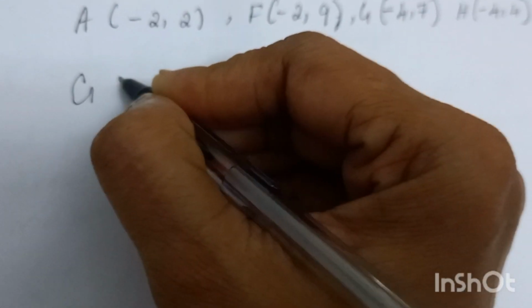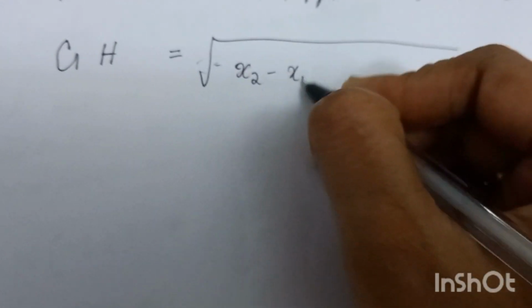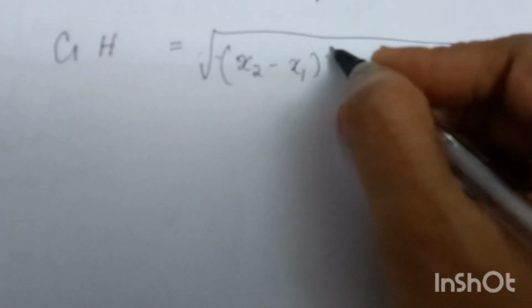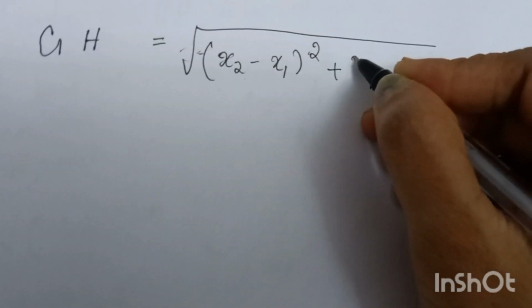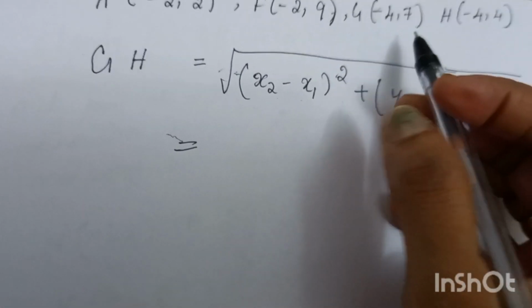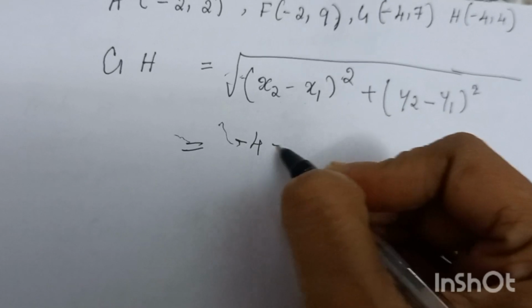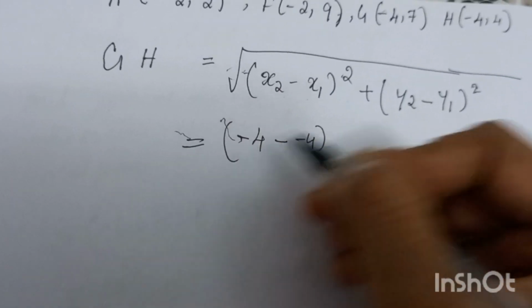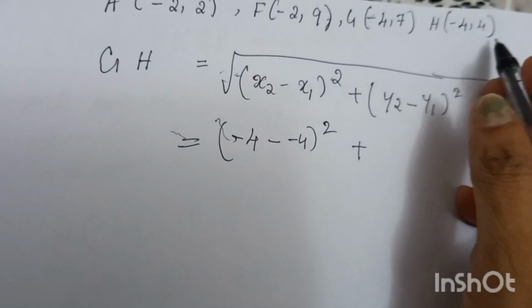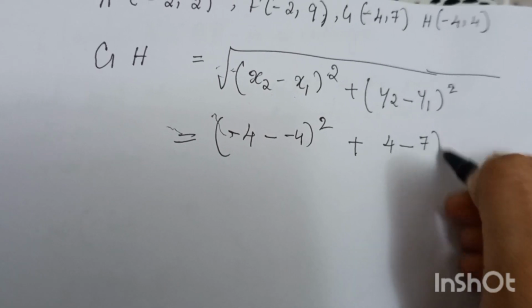GH is equal to under root of x2 minus x1 the whole square plus y2 minus y1 the whole square, which is equal to, what is x2 here? x2 is equal to minus 4, minus 4 whole square plus, what is y2 over here? 4 minus 7, the whole square under root.